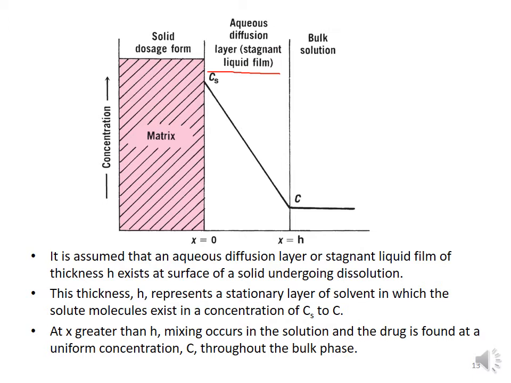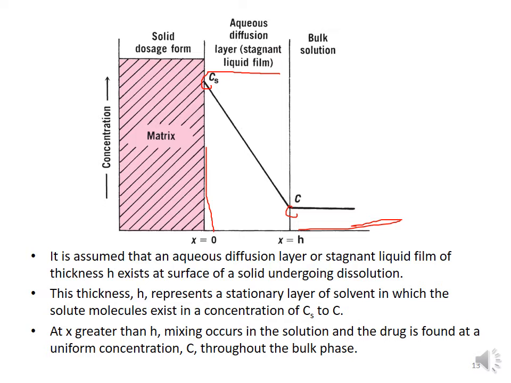The thickness h represents a stationary layer of solvent in which the solute molecules exist in concentration from Cs to C. Beyond the static diffusion layer, at x greater than h, mixing occurs in the solution and the drug is found at a uniform concentration C throughout the bulk phase. At the solid surface diffusion layer interface, which is x equal 0, the drug in the solid is in equilibrium with the drug in the diffusion layer.